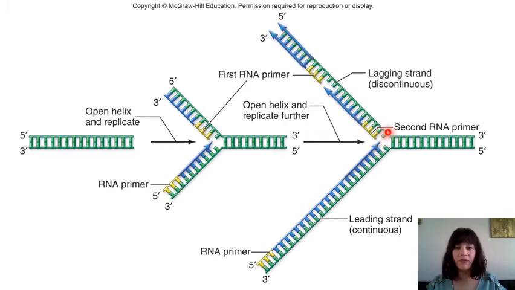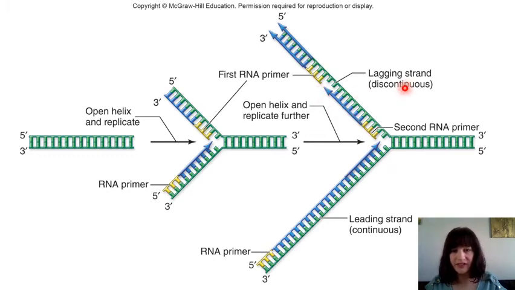It's a continuous strand. Whereas on the other side, the DNA polymerase goes in the 5' to 3' direction, so it's running away from what we call here the replication fork. As more DNA is separated, it has to hop back and make more. And so we've got these little pieces that are being made at a time.